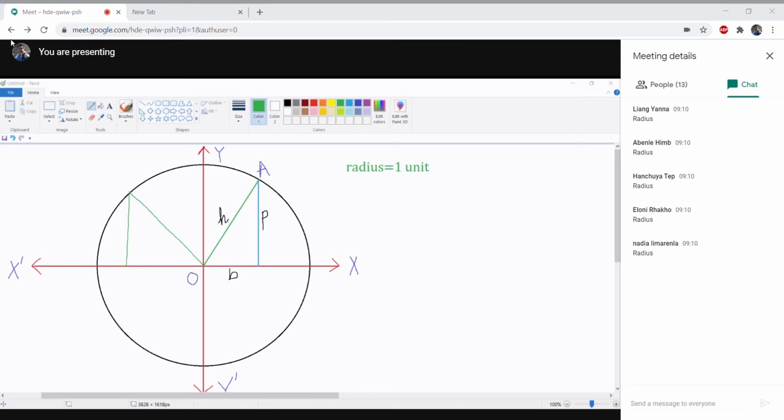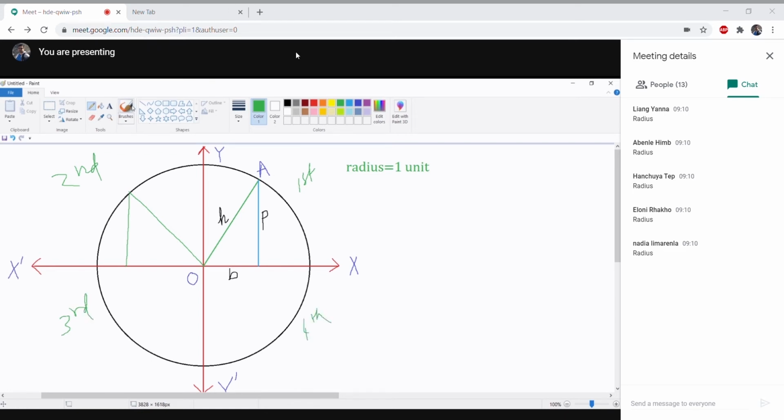So what is happening here, I hope you know this is the first quadrant, this is the second quadrant, this is the third quadrant, this is the fourth quadrant.